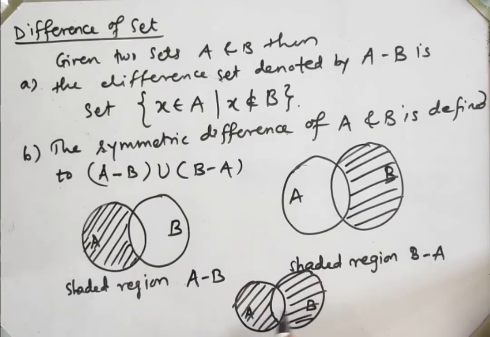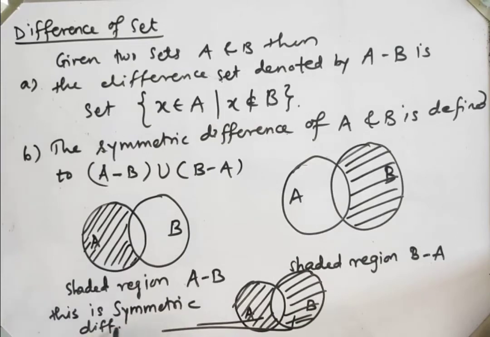So this is the symmetric difference: A minus B union B minus A is the symmetric difference.